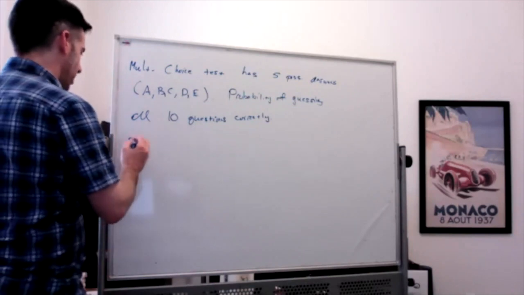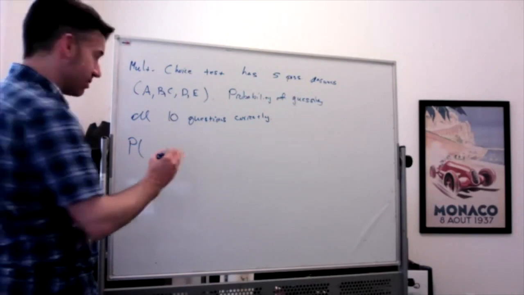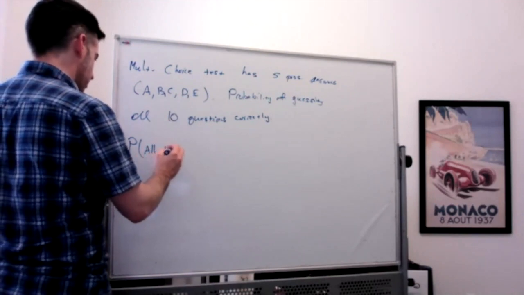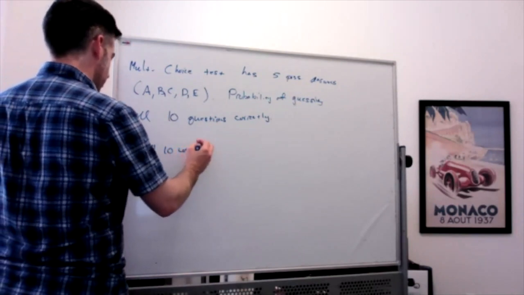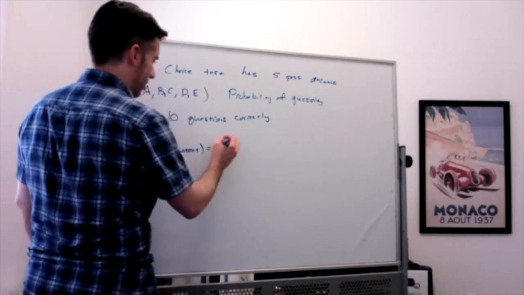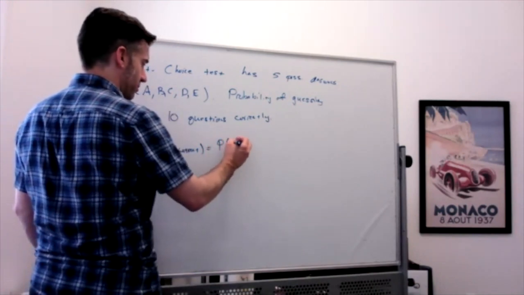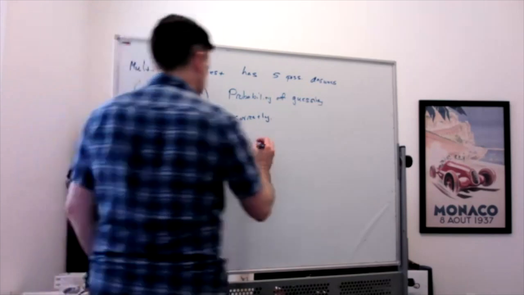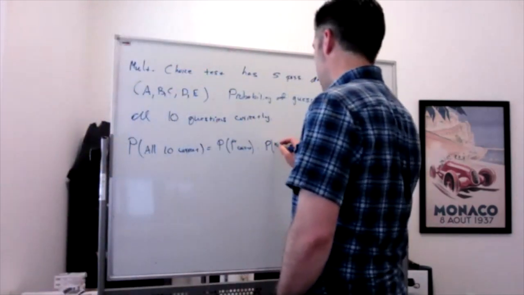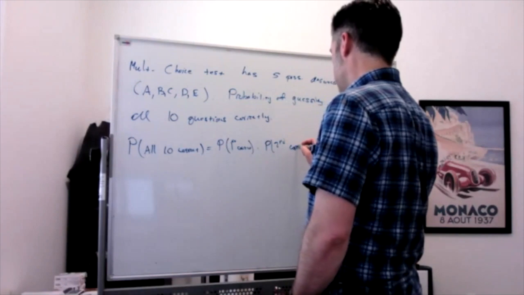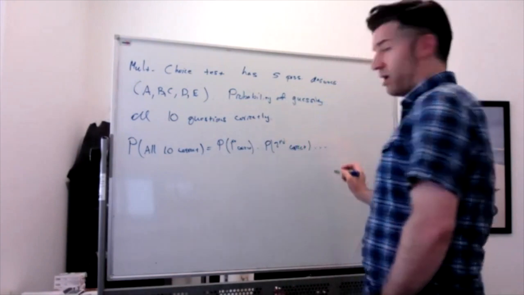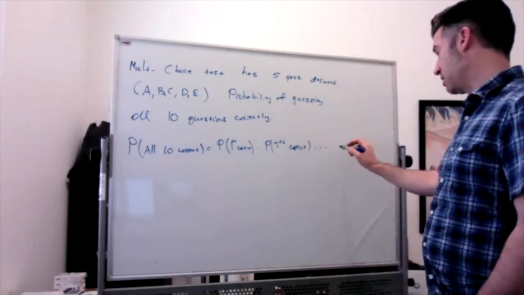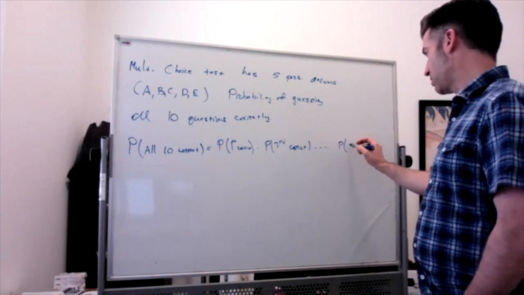So the probability of getting all 10 right is the probability that the first one's correct, times the probability that the second one's correct, all the way to times the probability that the last one's correct.